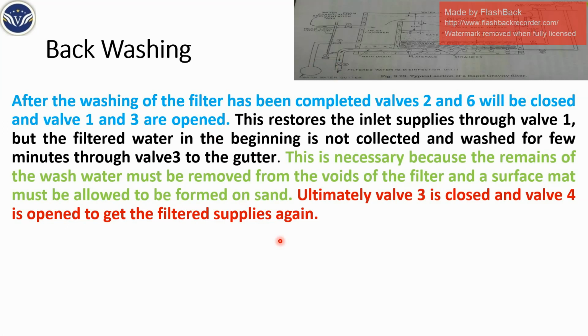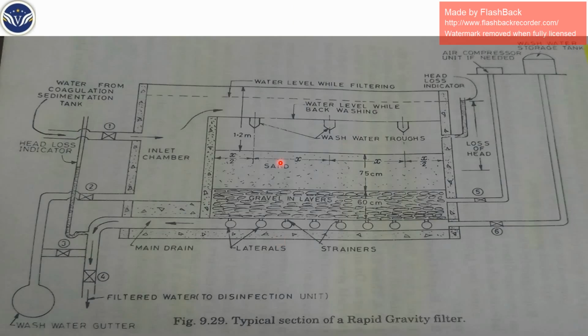You can see in the rapid sand filter here valve number 1, valve number 2, valve number 3, valve number 4, valve number 5, valve number 6. I will explain this again. When the filtration process is taking place, you need to keep valve number 2, valve number 3, valve number 5 and valve number 6 closed. Only valve number 1 and valve number 4 are open, and water gets into the inlet chamber through the filter media.